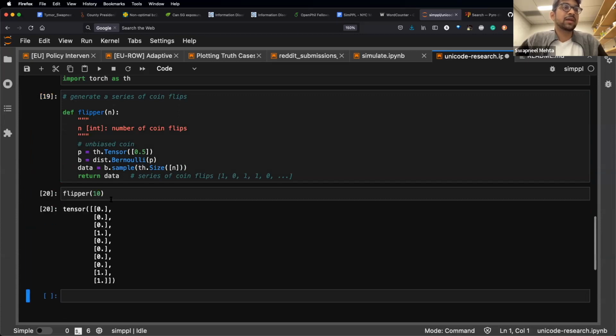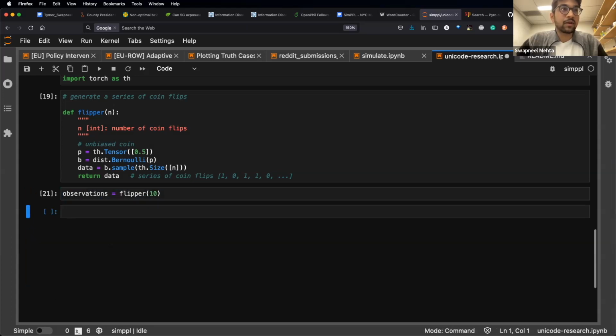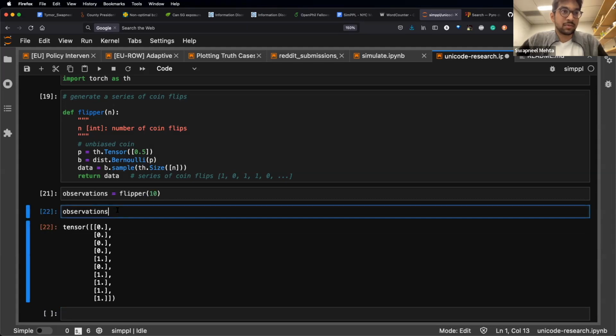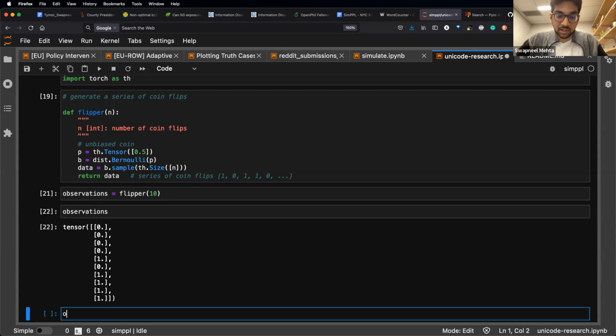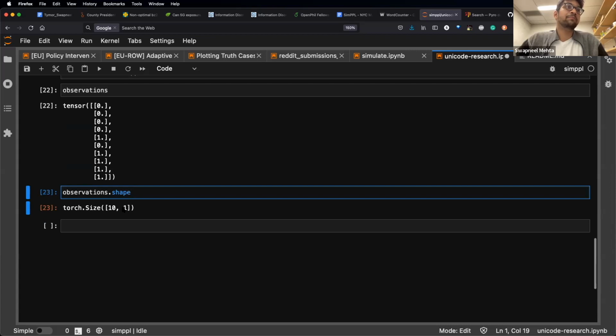So as you can see, we have a certain data set, or let's call them observations. So our observations are 10 coin flips. And if you want to check observations.shape, shape is 10, 1. Cool. So far, so good.